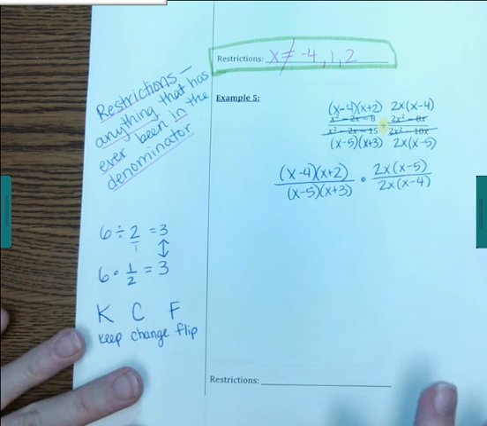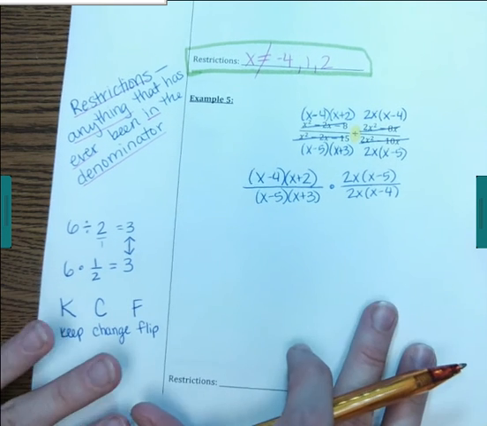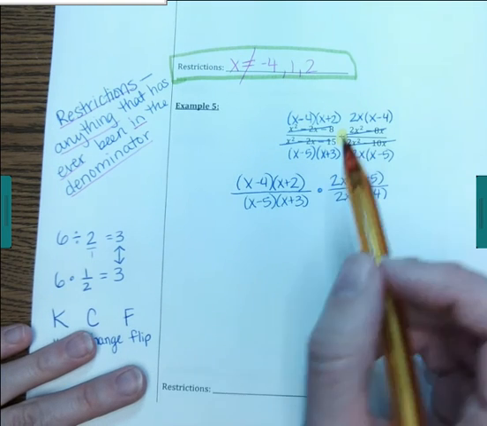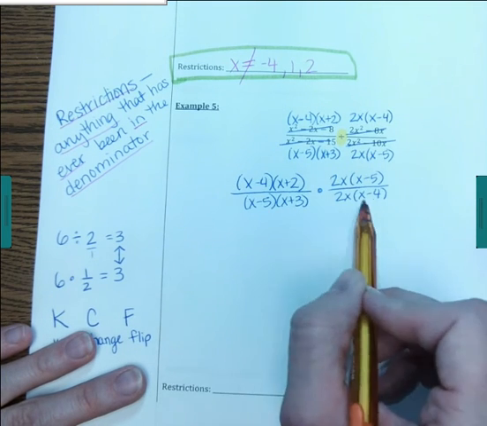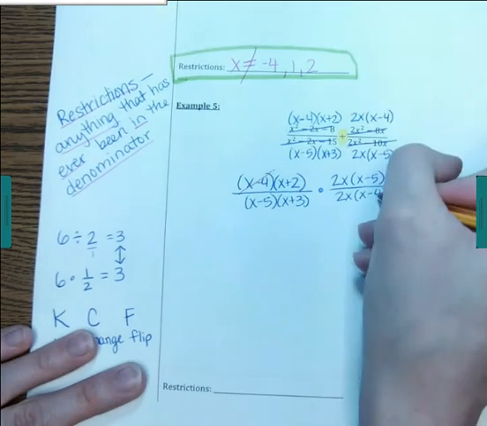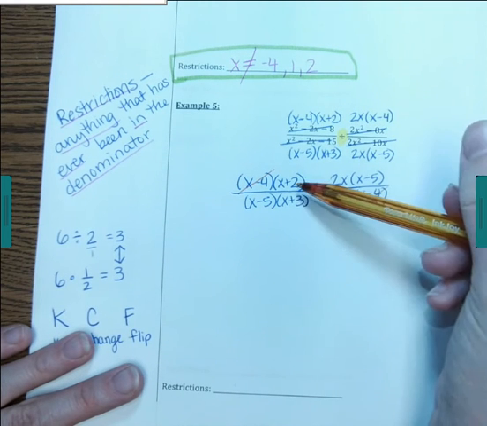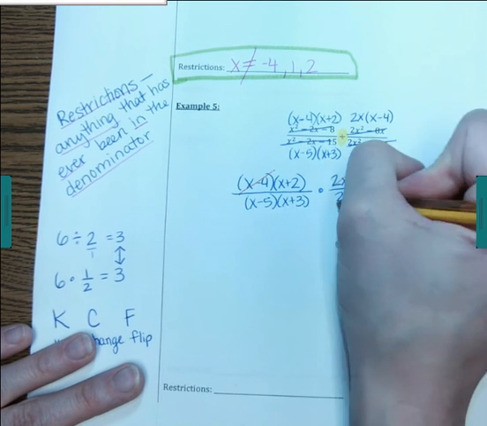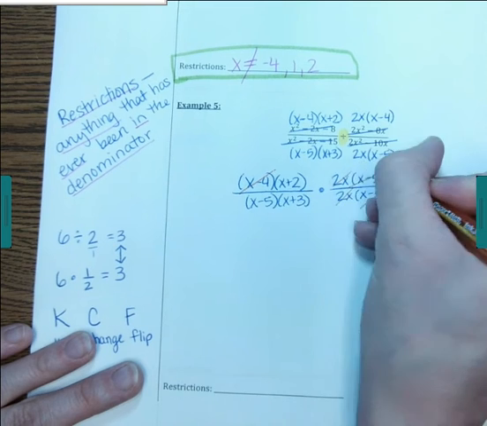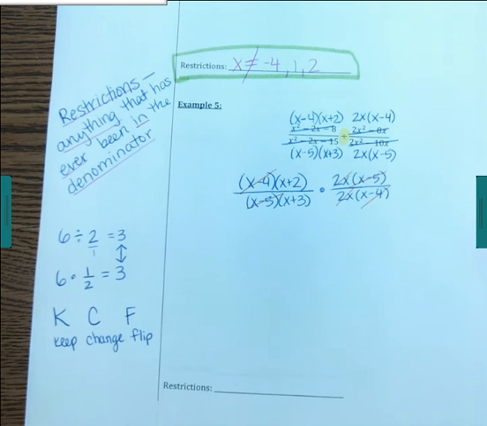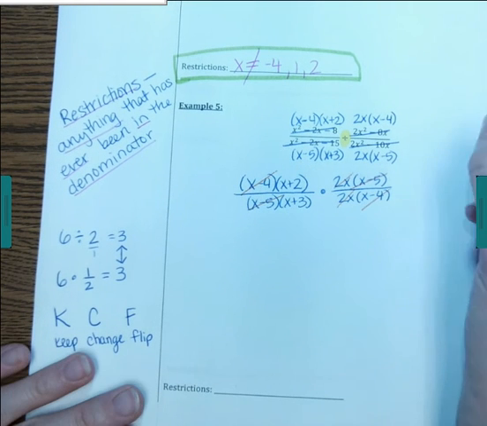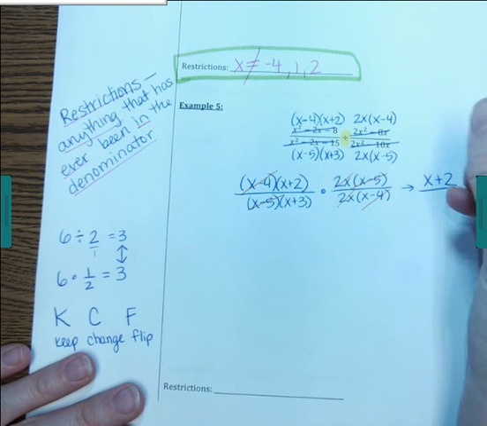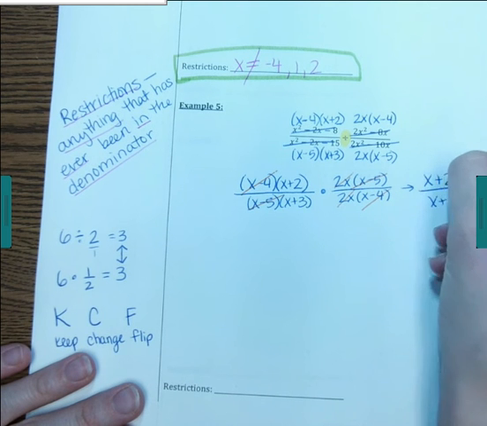Now, we've got it all set up to just cancel like normal. Okay, so top to bottom, we have an x minus 4, and all the way over here we have one, so cancel those. Then we have an x plus 2. That looks like it's going to stay. 2x, 2x, x minus 5, x minus 5. So we are left with an x plus 2 over an x plus 3.